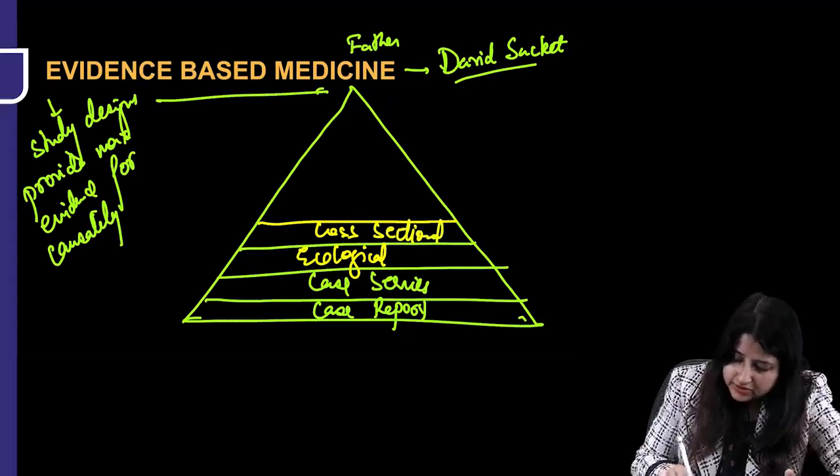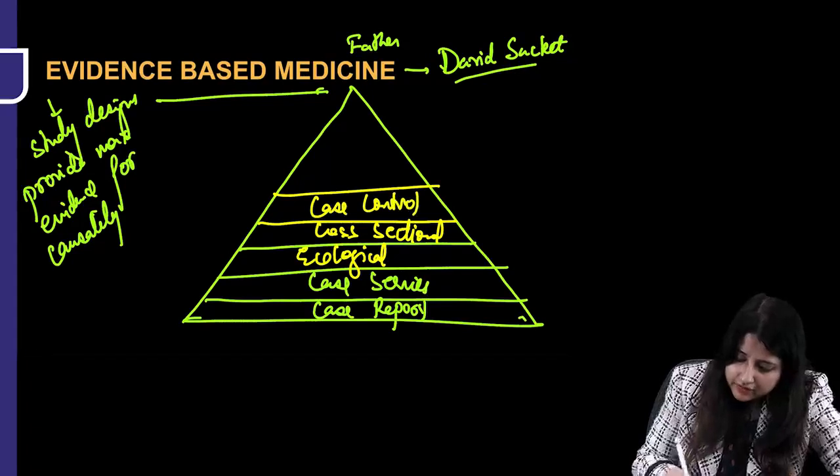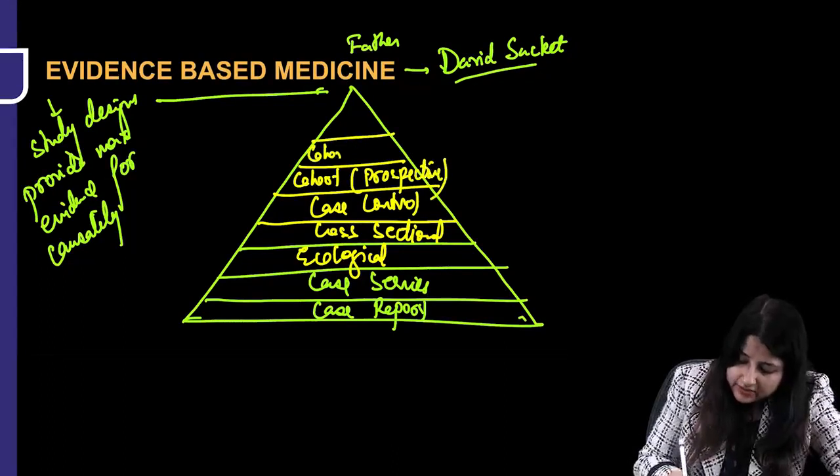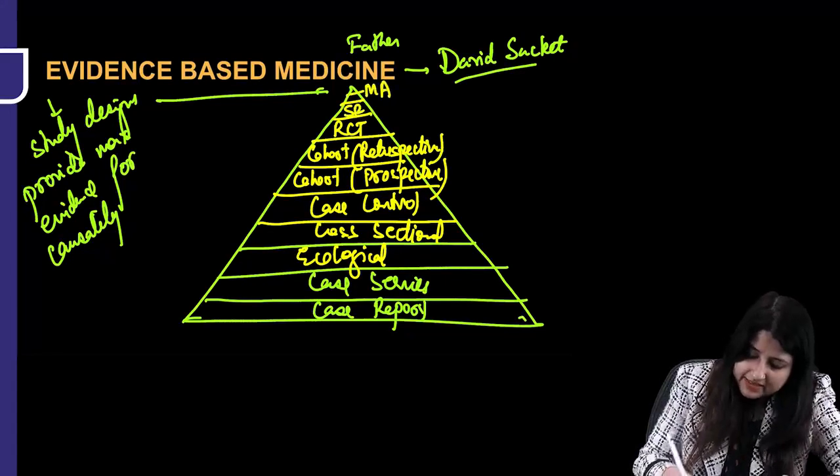After cross-sectional, case control. After case control, we have cohort, prospective or concurrent cohort, then retrospective cohort. After this we have RCT. Then we have systematic review and at the top, meta-analysis.